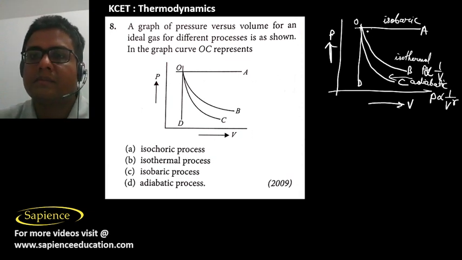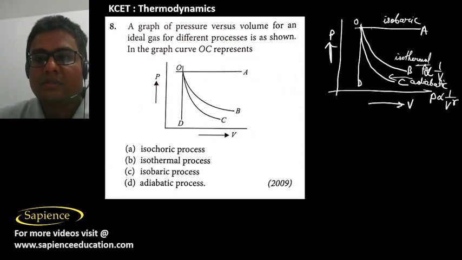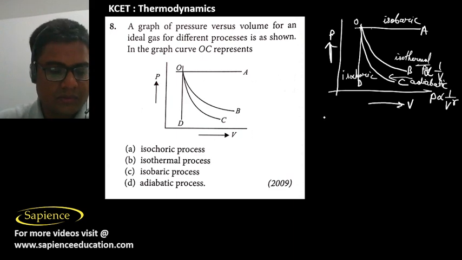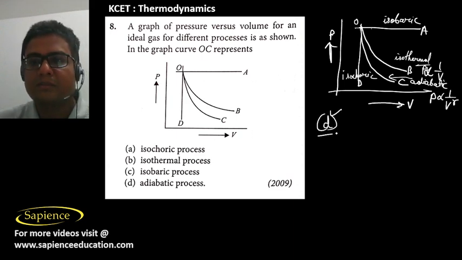So the curvature of this graph would be higher than that of the isothermal process, and OD is obviously an isochoric process, so it means that OC is an adiabatic process. So option D is the correct answer.